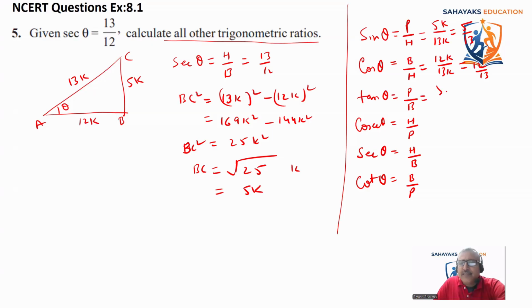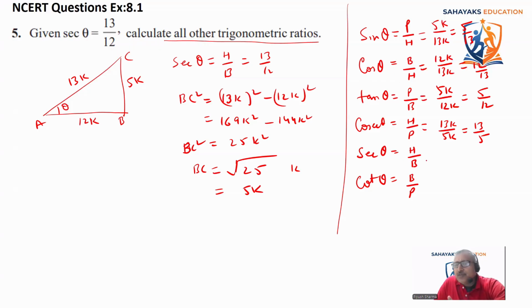It is 5K divided by 12K, which is 5/12. Now cosec theta is equal to H, 13K, divided by perpendicular, 5K. So it becomes 13/5.